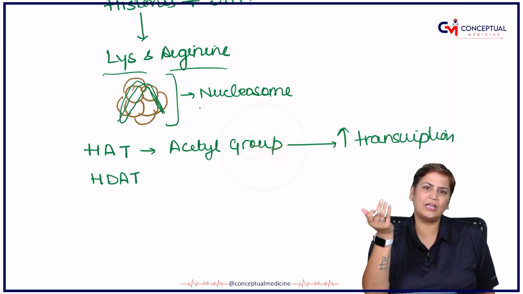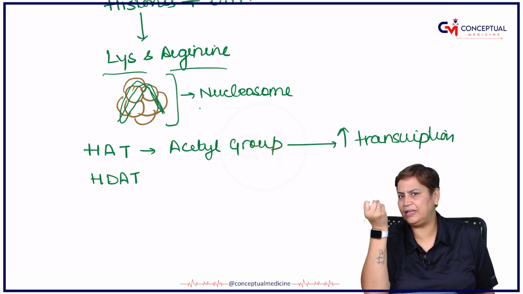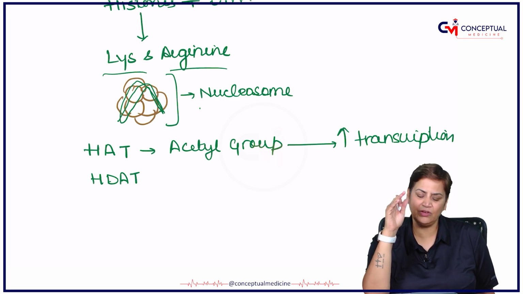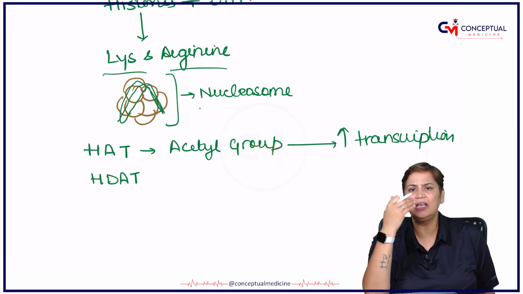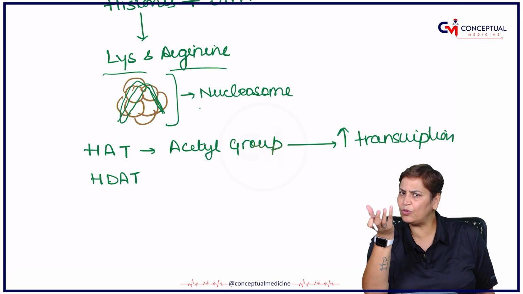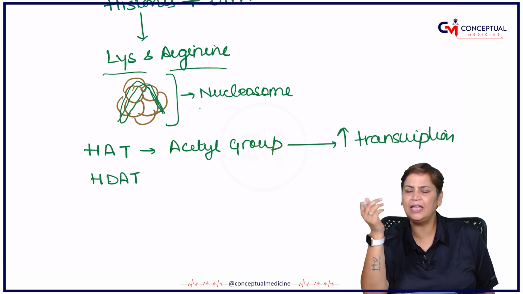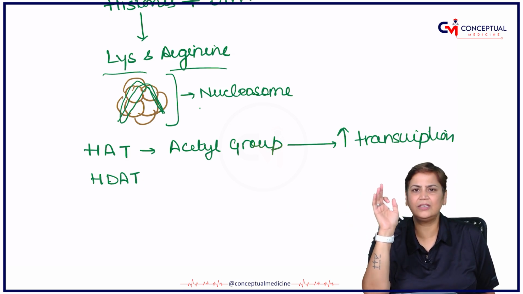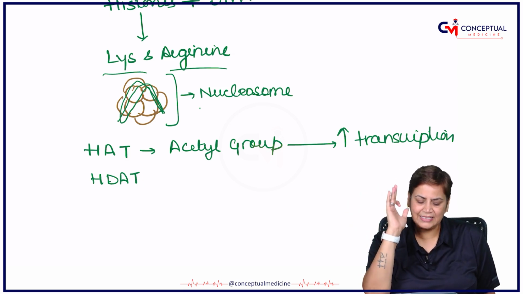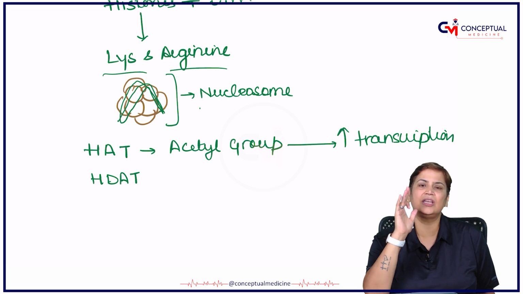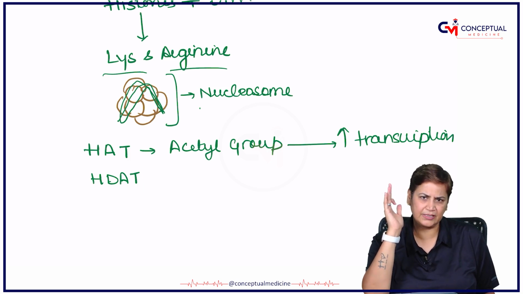So if it is not required, lysine will keep them intact, but if it is required, lysine will be busy in this acetylation and automatically DNA will be exposed and it will simply undergo transcription following RNA, and RNA will undergo translation forming the proteins. So acetylation and deacetylation are very important processes.